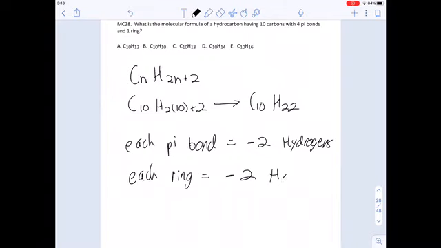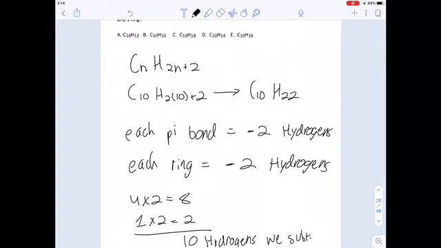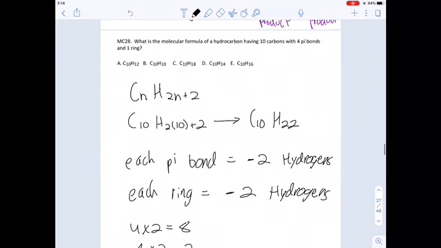Every time you do a ring, you're going to subtract 2 hydrogens. So with this in mind, we now can multiply. We have 4 pi bonds, so 4 times 2 equals 8. Ignore my dog snoring in the background violently. And then we have 1 ring, so 1 times 2 equals 2. And that's 10 hydrogens that we have to subtract in total.